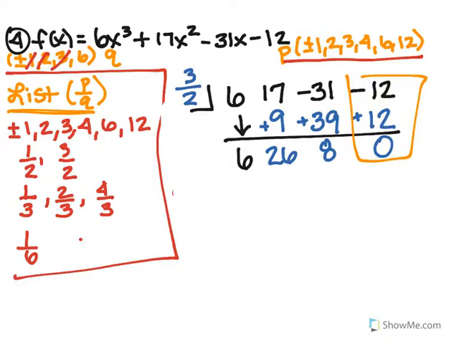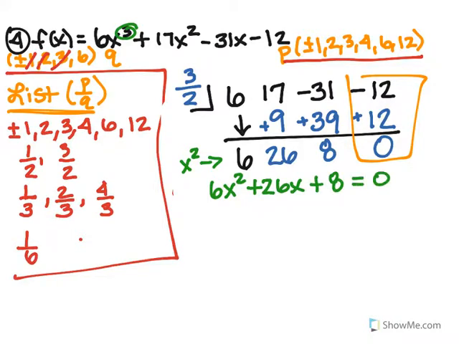You do know this will represent second degree because we started in third degree. So this would be 6x squared plus 26x plus 8 equals 0.